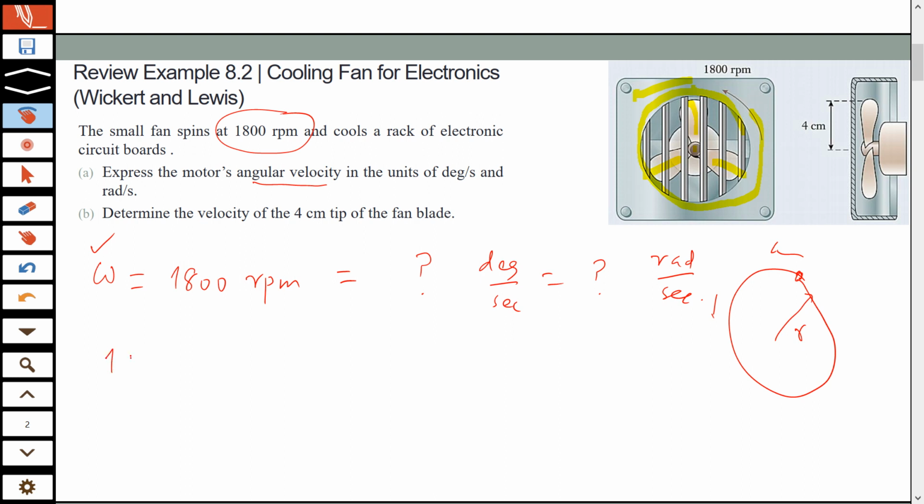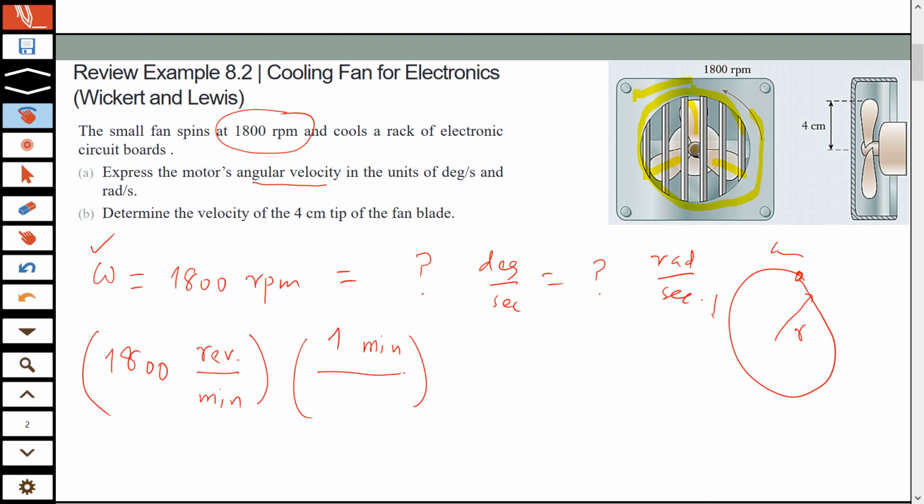So I start with 1800. It's better to write RPM as revolutions per minute, because we want to multiply this with something so that I get rid of the minute first. So minute I will write in the numerator, okay? So that I cancel it.